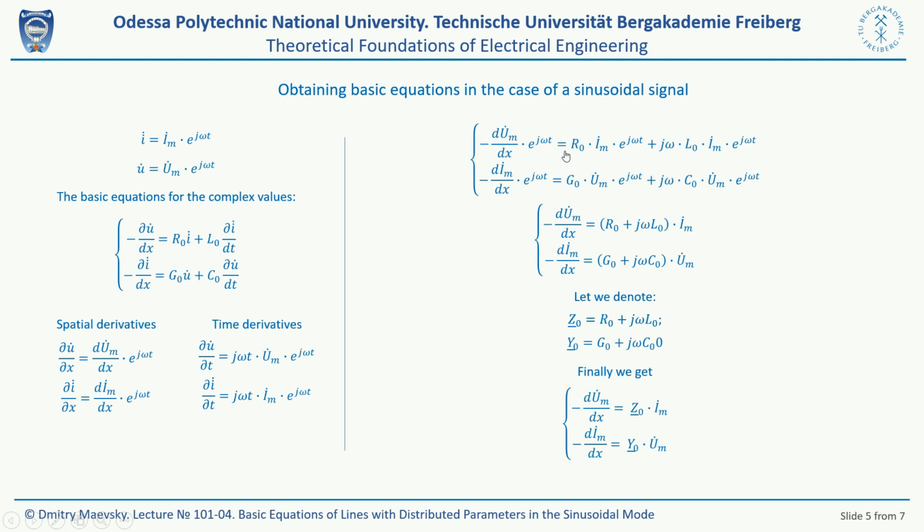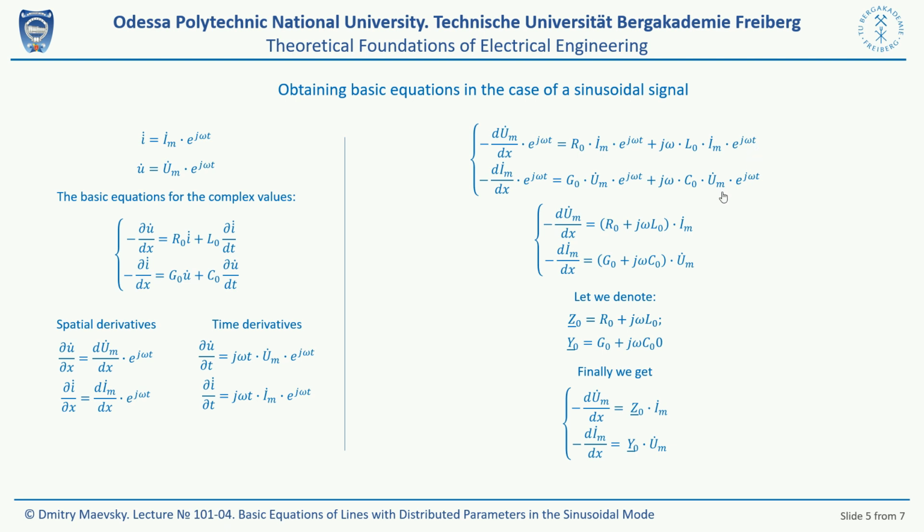The product of the complex of the instantaneous value of the current and the resistance R0, plus the product of the inductance L0 and the total derivative of the current with respect to time, are substituted on the right side.